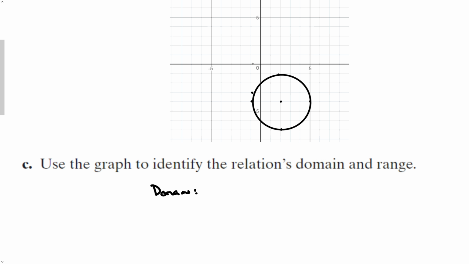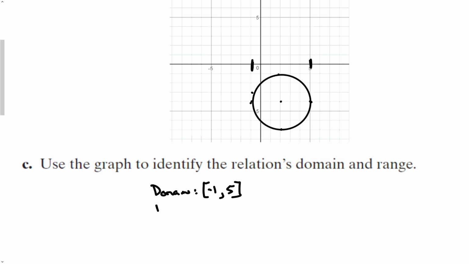And I can see that this relation is defined between those 2 x values. And it does touch those 2 x values on the very edge, at the 1 point directly right and directly left of the center. So I can say that the domain is from −1 to 5, including −1 and 5.